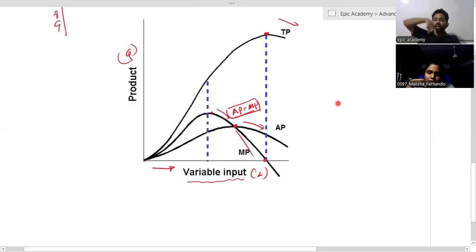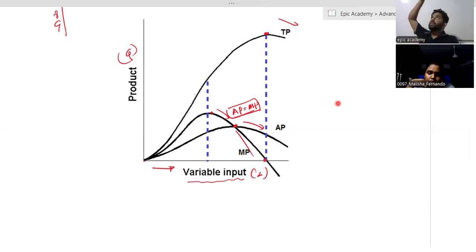If the producer reaches the maximum production level, marginal production becomes 0. After reaching that maximum point, if the producer tries to produce more and more by increasing the input, total production reduces and marginal production becomes a negative value.